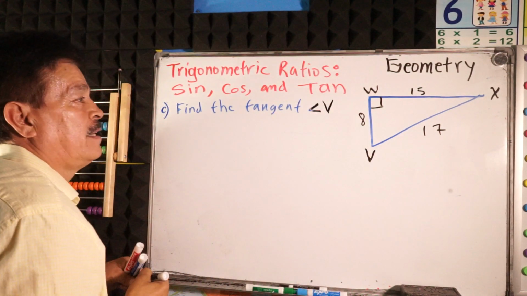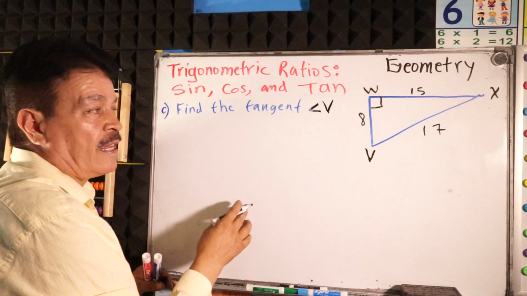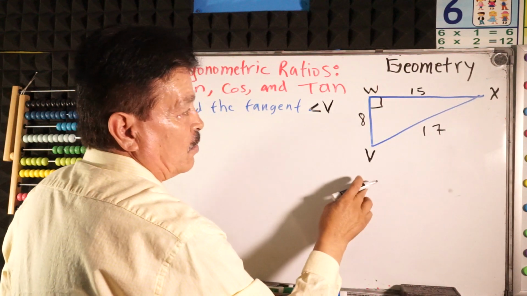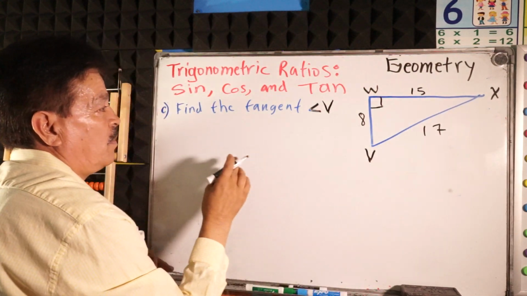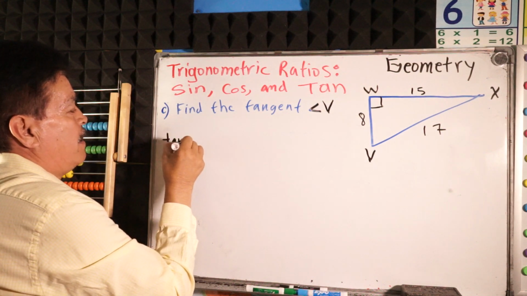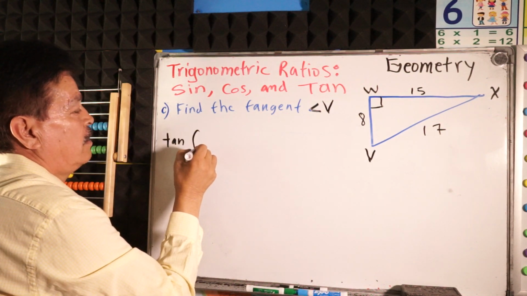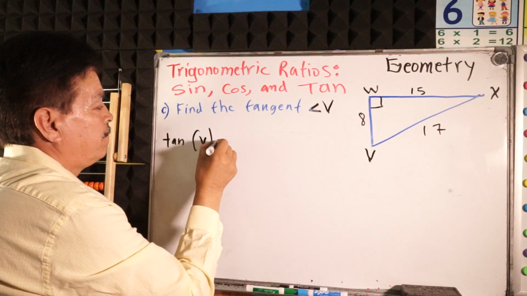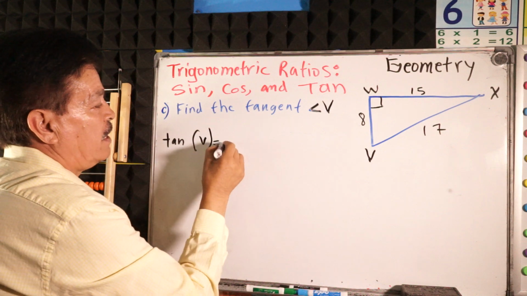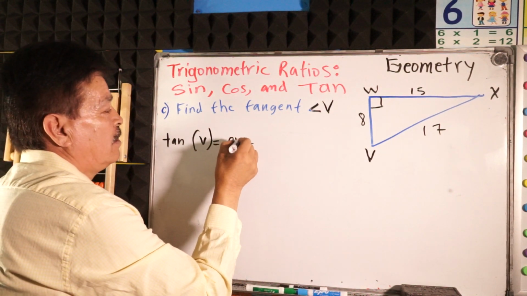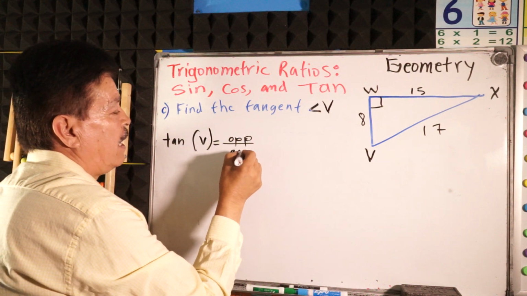All right. So now we are ready, because you are able to find the tangent of this angle X or the angle UV. Both. So in this case, UV. Choose: tan of angle UV. So just write the definition, opposite divided by adjacent.